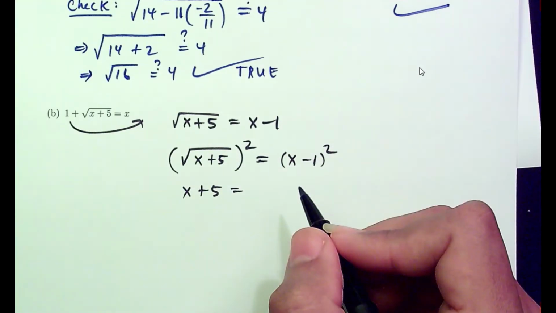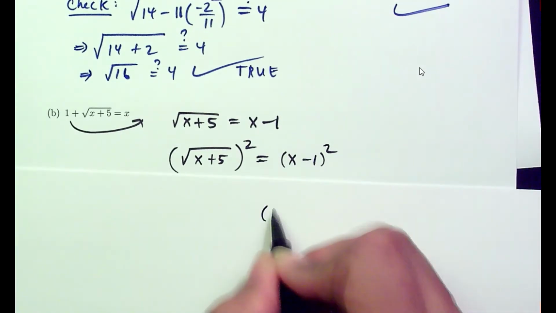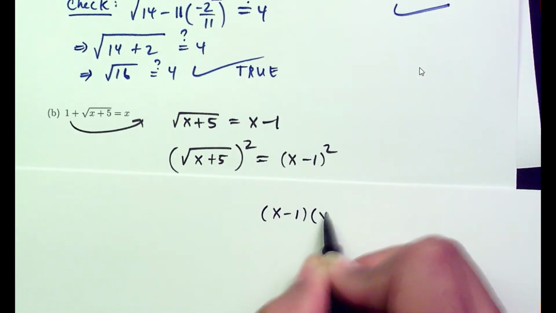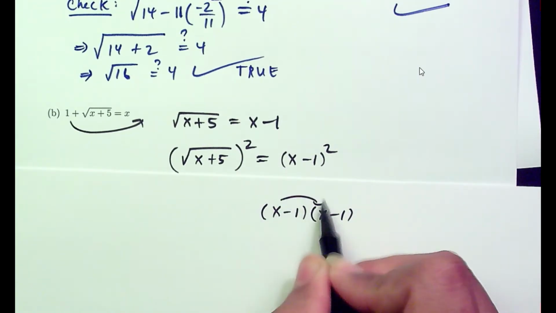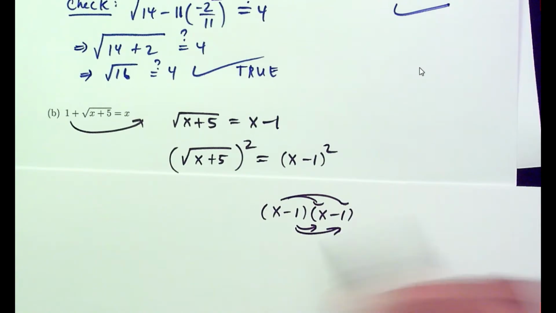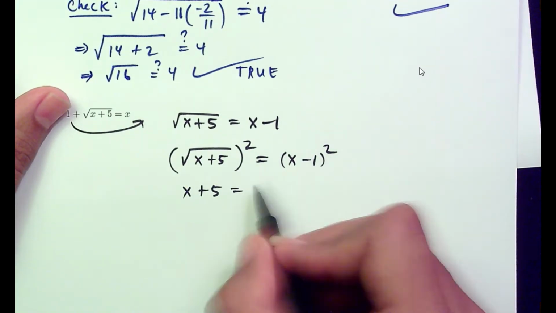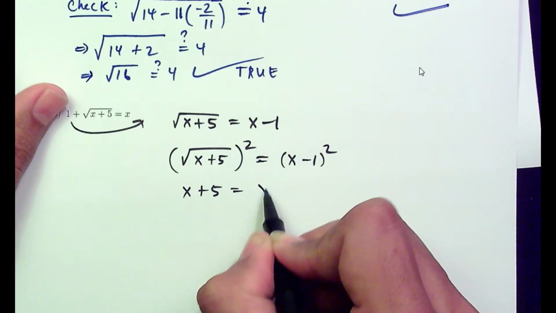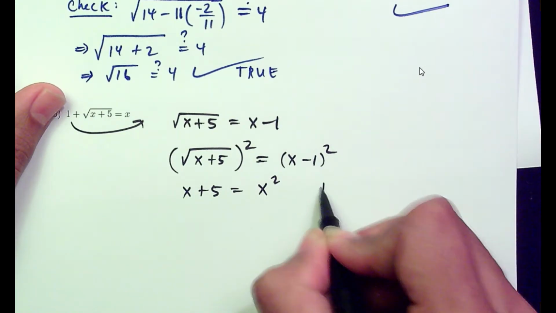And for squaring, you either have to write it out twice and FOIL this and simplify, or you can use a shortcut, which is what I'm going to do because I like the shortcut. The shortcut is, remember, square the first one plus square the second one.